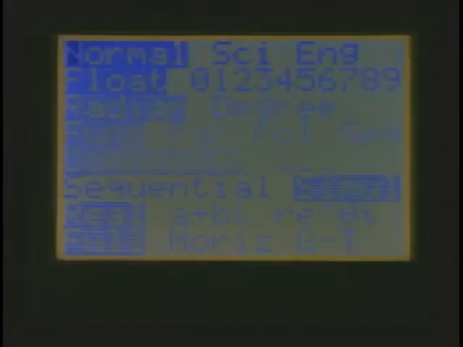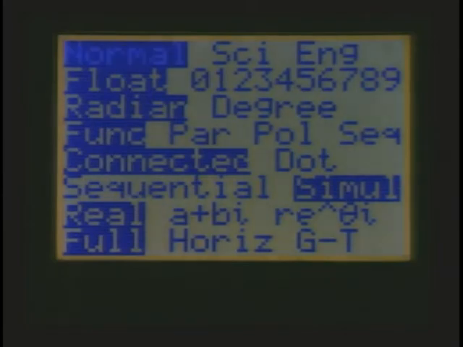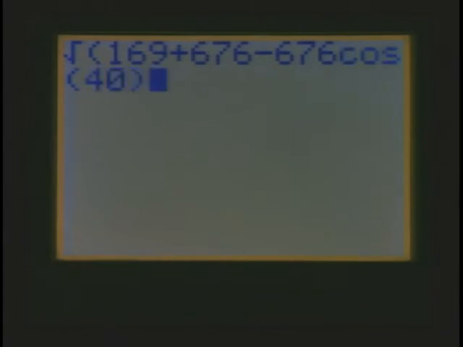I'm going to make sure I'm in degree mode on this problem. So degree mode, here we are. And now I'm going to punch this big square root of 169, plus 676, and subtract off from it 676 cosine of our 40 degrees, and I'm going to store it in alpha C in the calculator using the store key. There's the length.